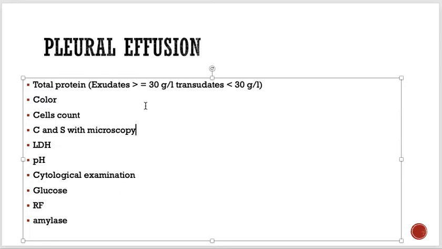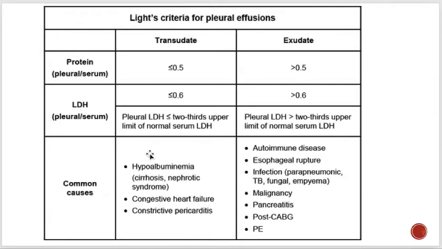So, very importantly, these are all the tests they can do for pleural effusions. So, guys, remember that transudates are mostly associated with failures: heart failure, liver failure, kidney failure.